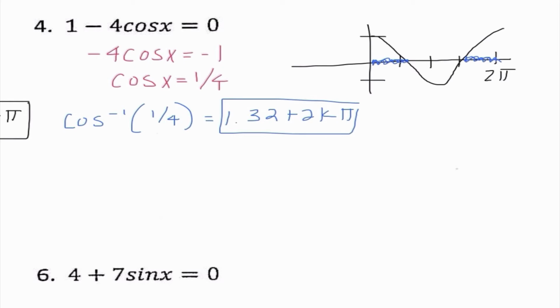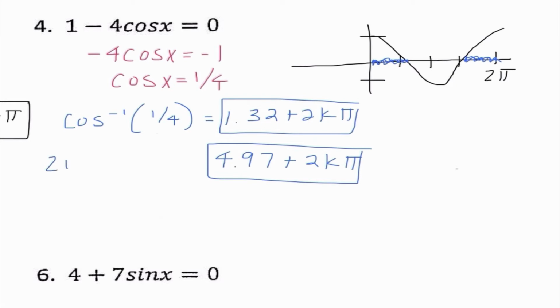So I'm going to go ahead and do 2 pi minus 1.32, and I get 4.97 plus 2k pi as our second answer. So just to review, I did 2 pi minus 1.32 to get that value.